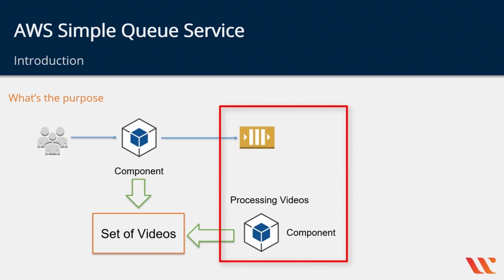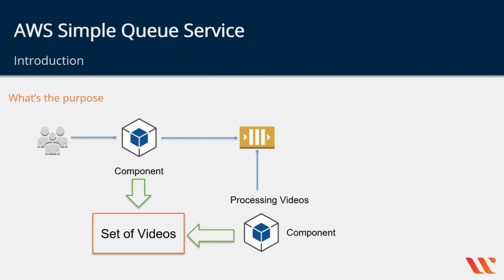And the other component which is processing the videos would receive the messages. So even if the component responsible for processing the videos goes down, the messages are still in the queue, and those messages are an indicator of what videos still need to be processed.